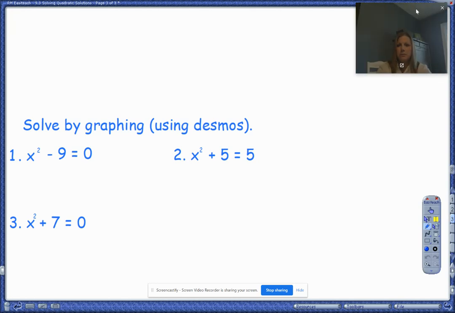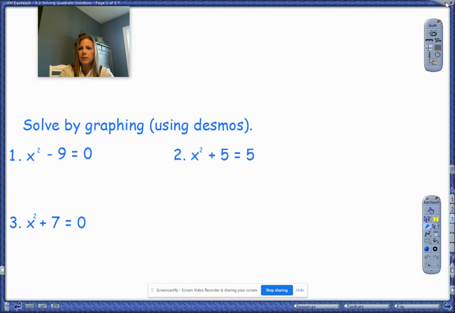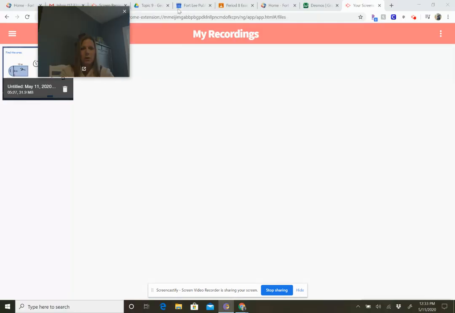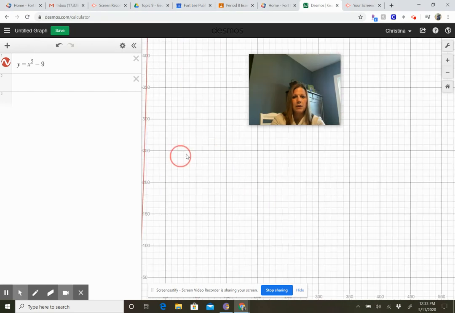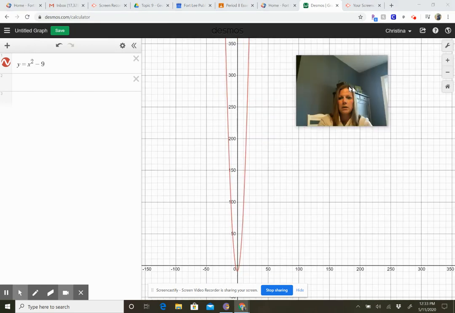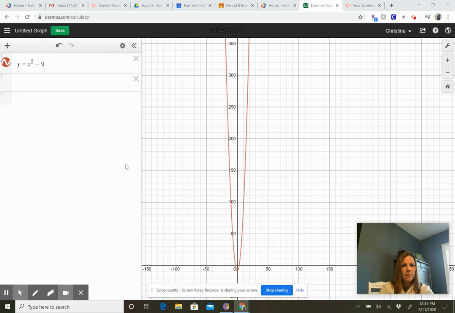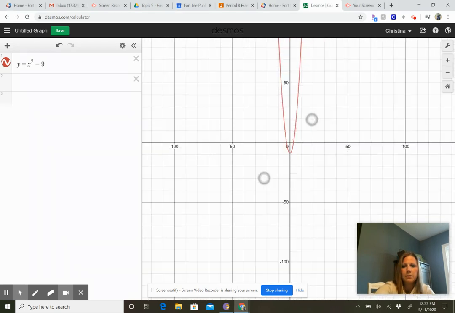If I were to go to my Desmos, I have this first equation in here, x squared minus 9 equals 0. And now on my graph, I could move my graph.